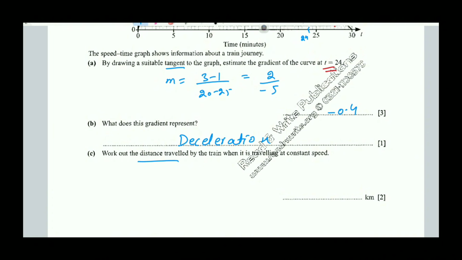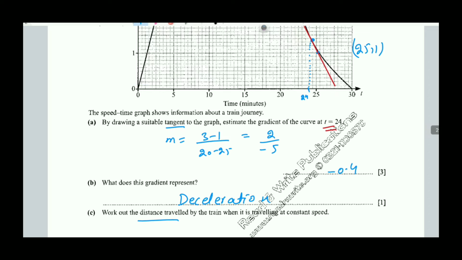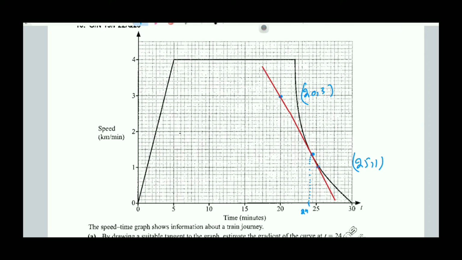Work out the distance traveled when it is traveling at a constant speed. Constant speed is this one. So you have to find the area of this part.